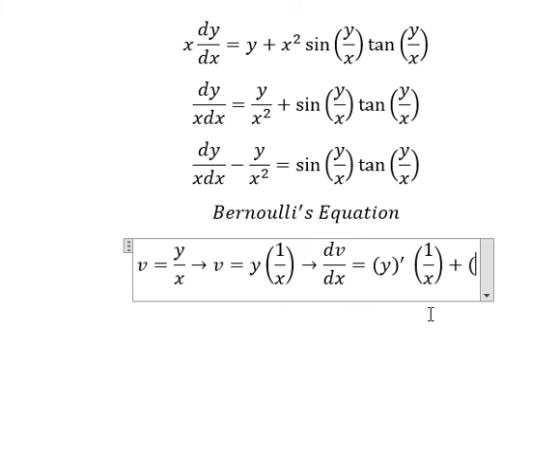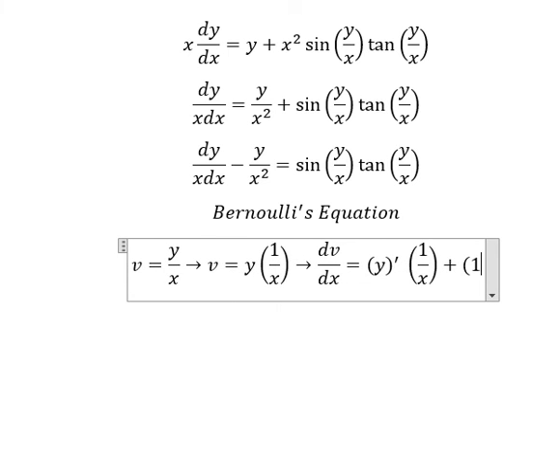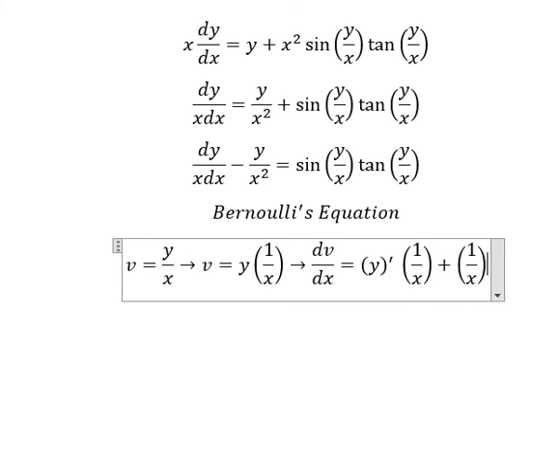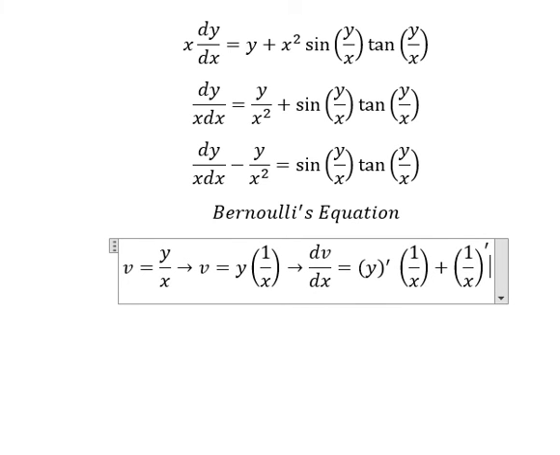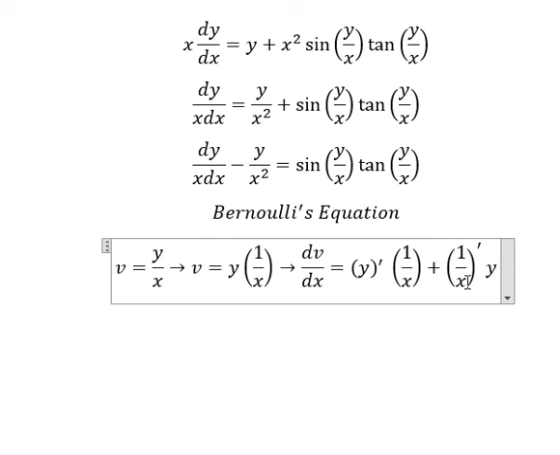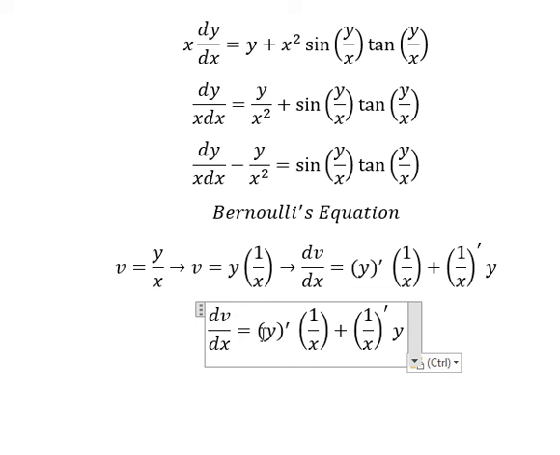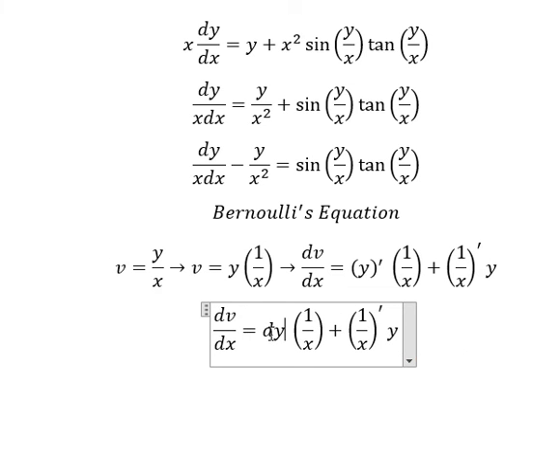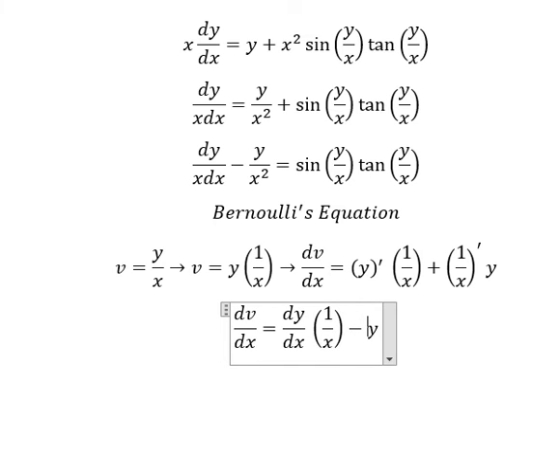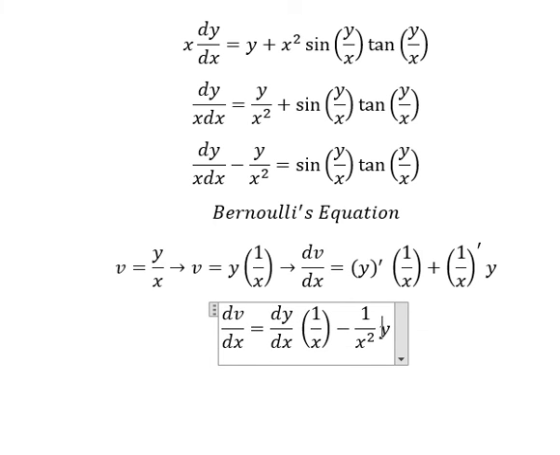Later we need to do the first derivative of 1 over x multiplied by y. This one you get dy over dx. This one you get negative 1 over x squared.